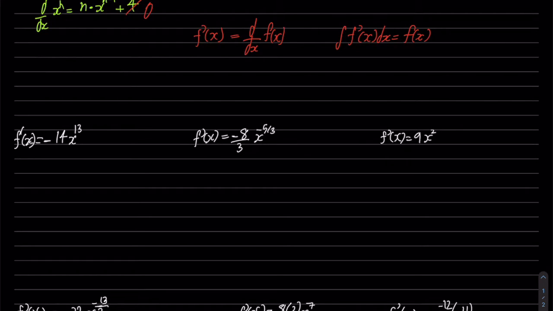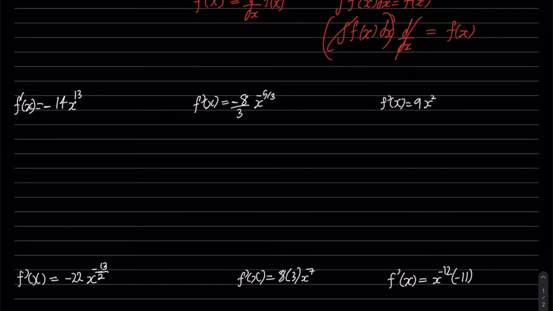So you can imagine, if you have the integral symbol and the derivative, the d over dx, this cancels out. This would just give you f of x, right?